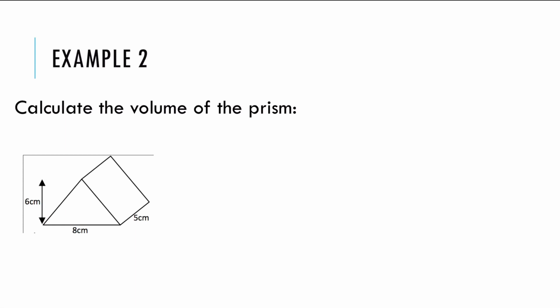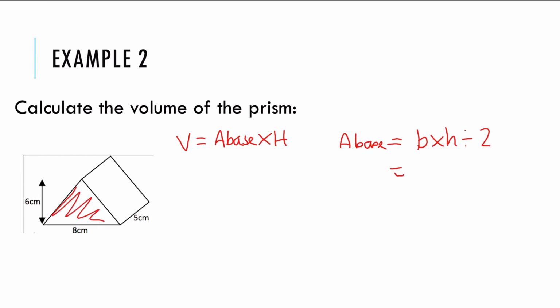Next example then, calculate the volume of this prism. Now this time we are not given the area, we need to work it out. So know that my volume formula is area of base times height. So let me calculate the area of this base shape. Now we know the base shape in this case is a triangle. Formula for the triangle is base times height divided by 2. So the base of the triangle, so the shape on the front here, is 8.